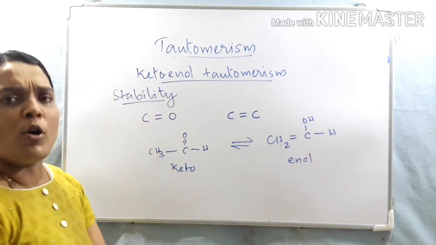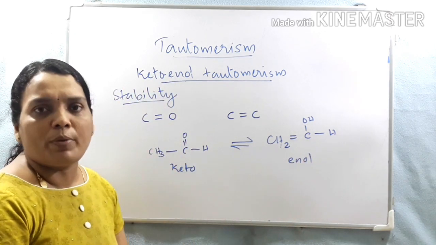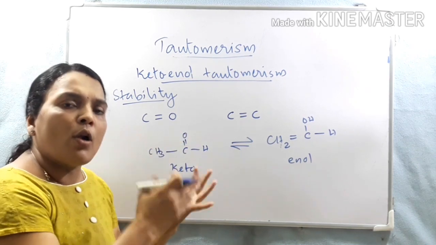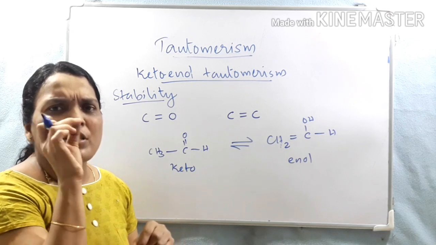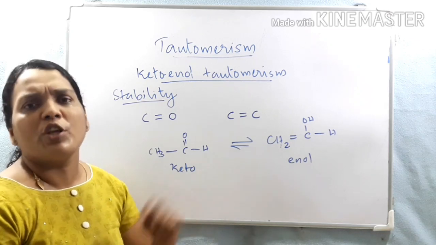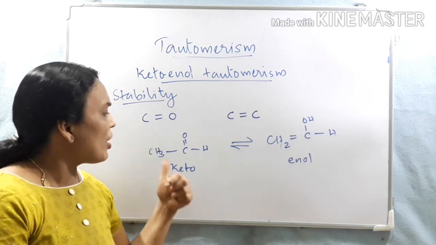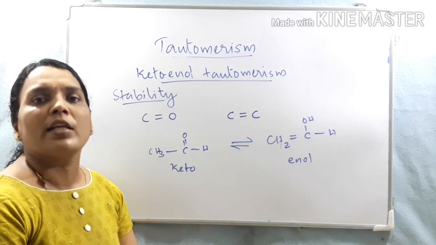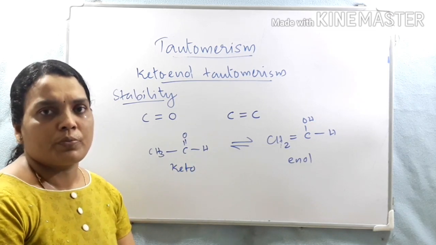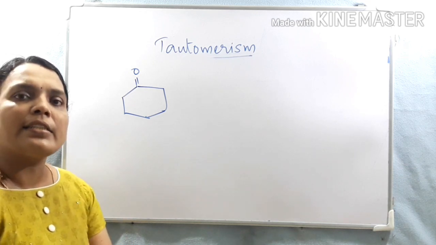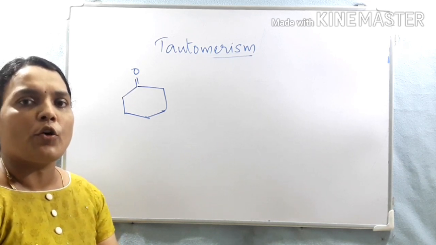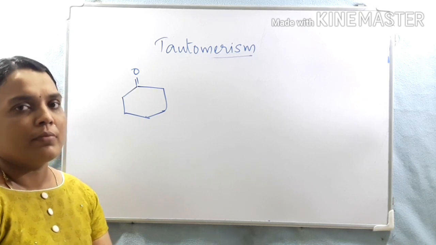In this mixture almost 100% of keto form is observed and less than 0.001% of enol form is observed. This is because keto form is more stable than enol form. Got it? Let us see an example. In this example, is there any chance for keto-enol tautomerism?